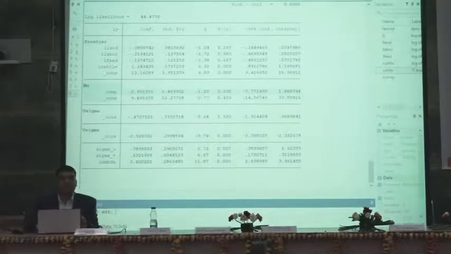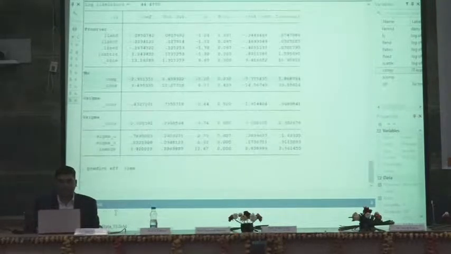So this is the predict command, and if you want to find the efficiencies, simply write the predict command, then the variable name that you want to give to that particular value, and JLMS, given by Jondrow, okay, and click OK.